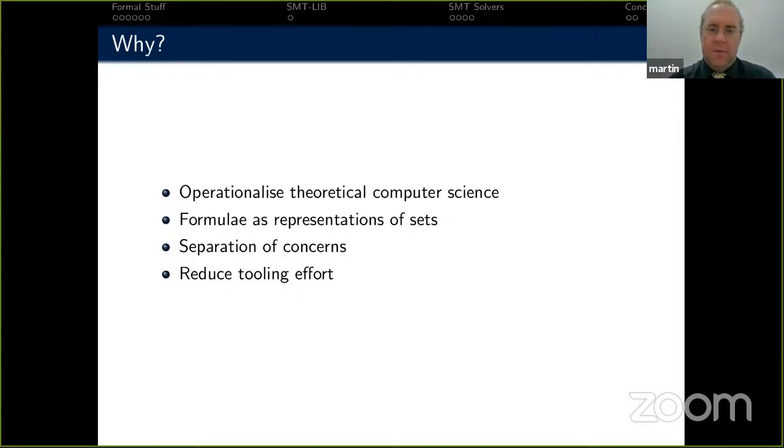And the idea is basically that if you want to reason about programs, what you want to do is say, these are all the possible states that a program can be in. And so really that's just a set. This is the set of reachable states. This is the set of program states when I enter this function. Okay.